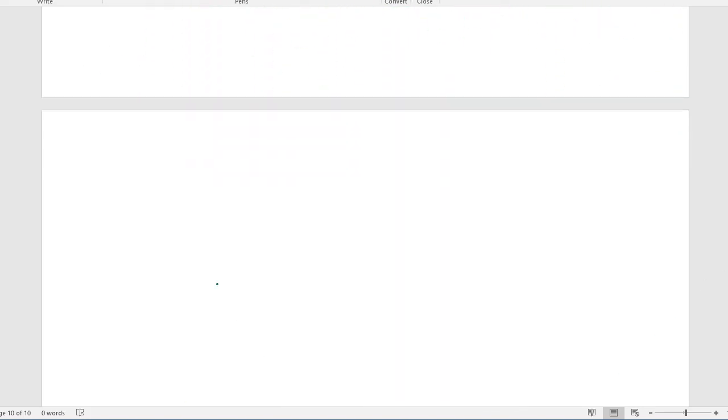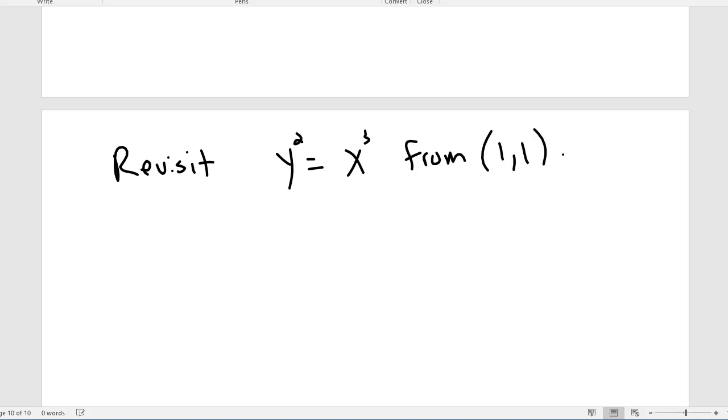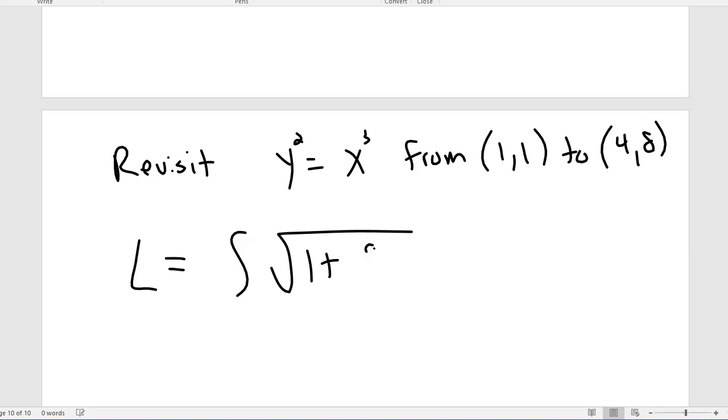So let's revisit our example, y squared equals x cubed from (1, 1) to (4, 8). This time, let's use the integral of the square root of 1 plus (dx/dy) squared.